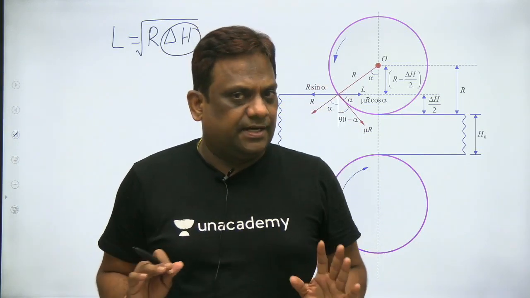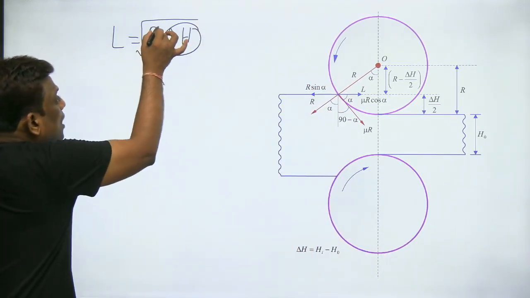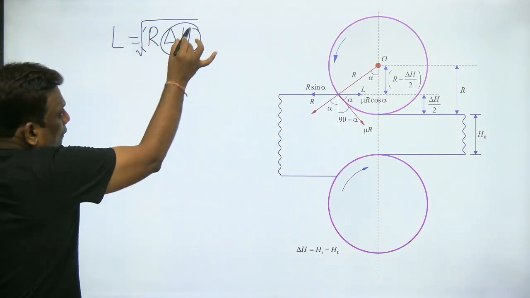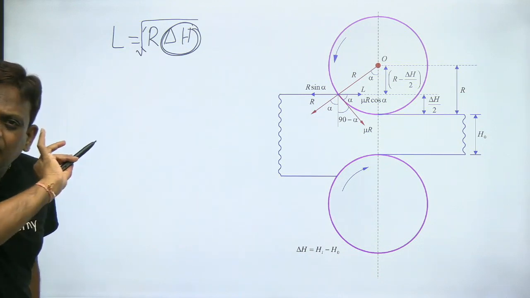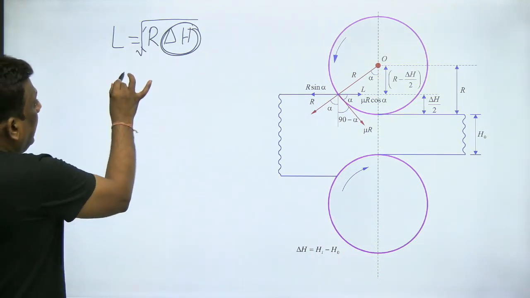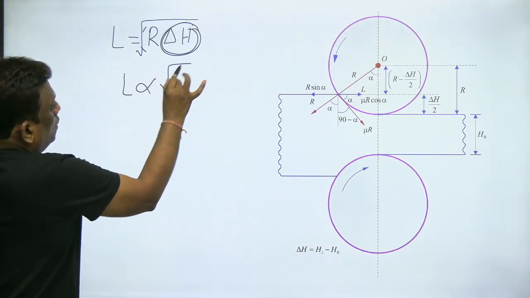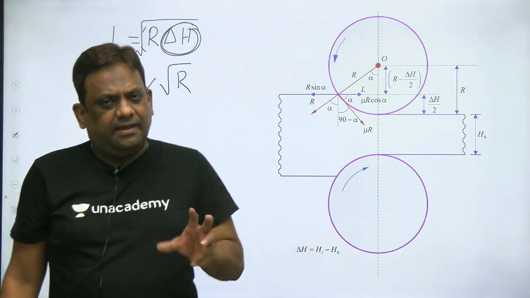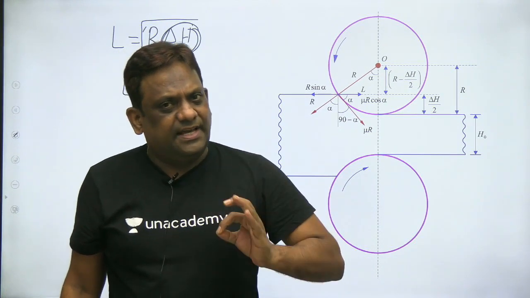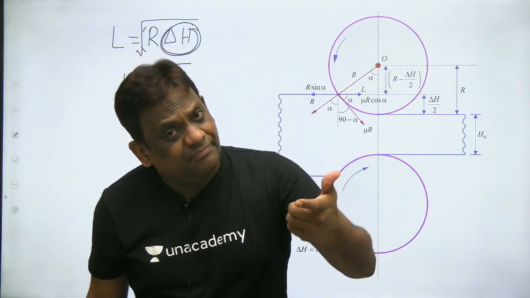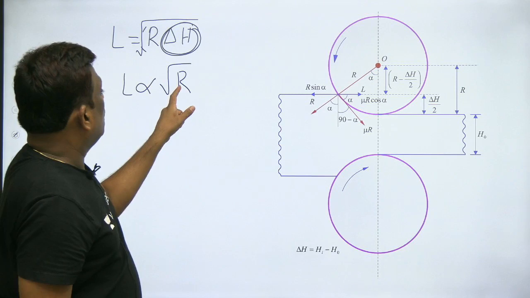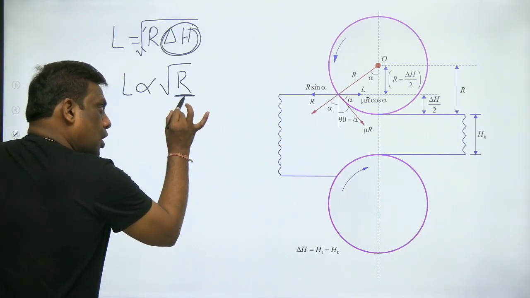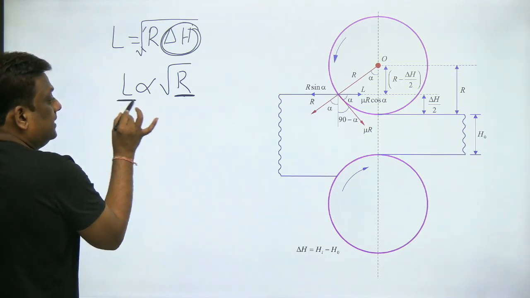So if that is fixed, now let us see the influence of roll radius on contact length. For a given reduction in thickness, L is proportional to root R. It means if the roll radius is more, the contact length will be more.